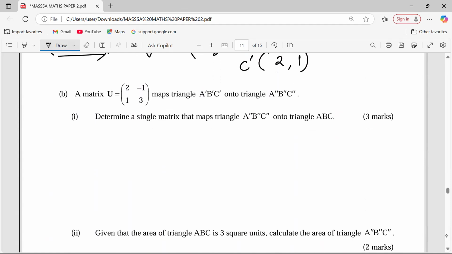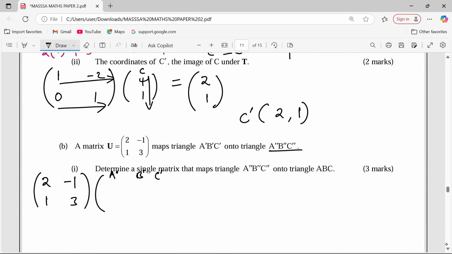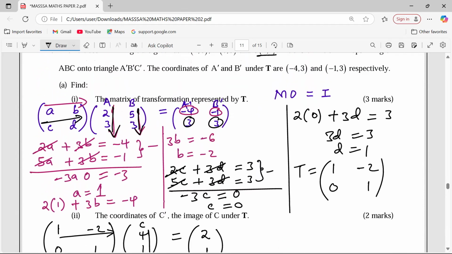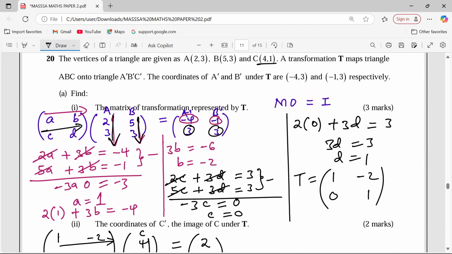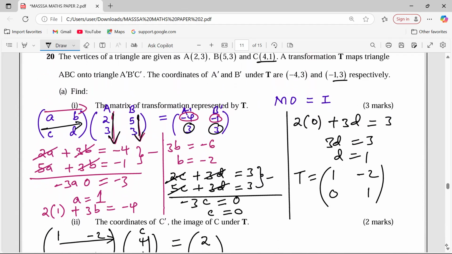I'll start by finding the image of the double prime now, the second image, whereby I need to take 2, negative 1, 1, 3. That way, multiplied by, now we have A, B, C. C is 2, 1, it's already here. Then B is 1, 3, negative 1, 3.